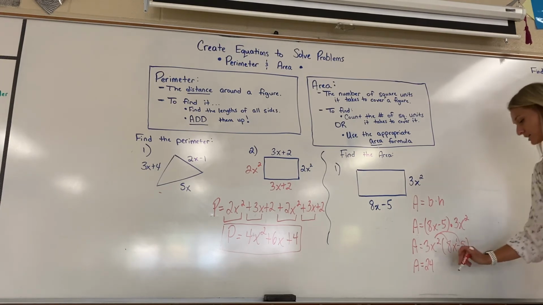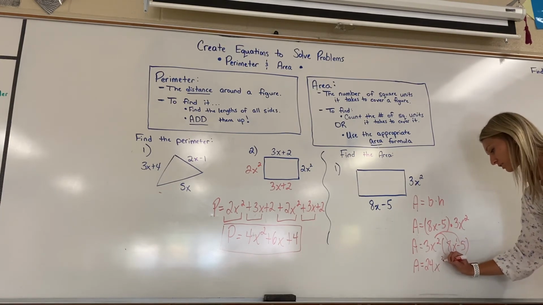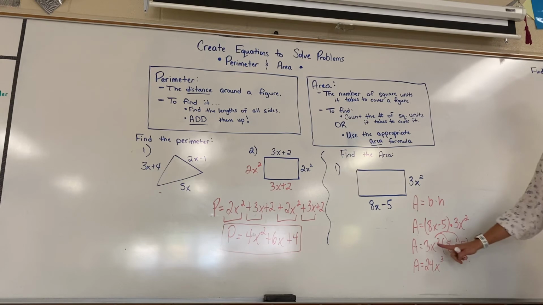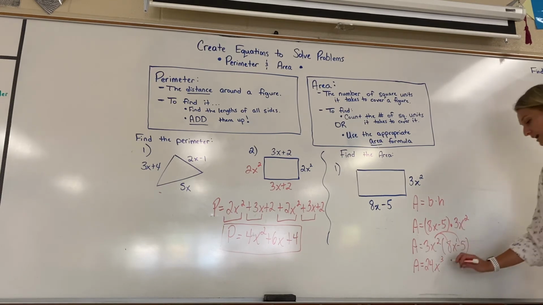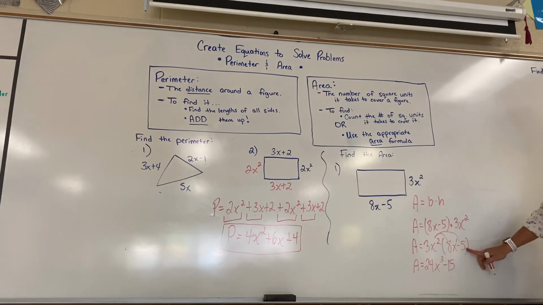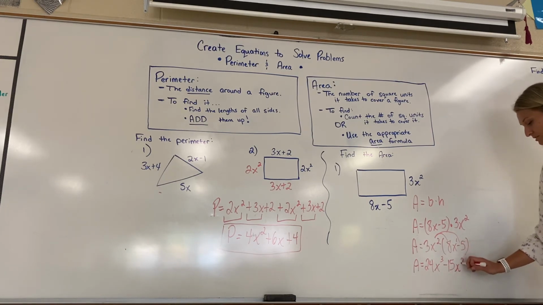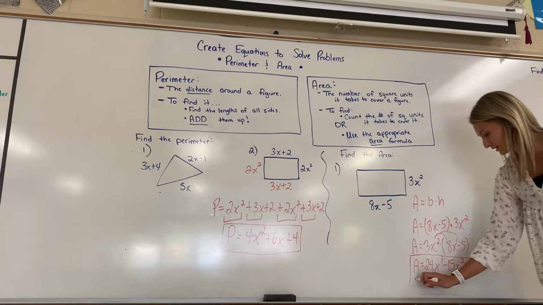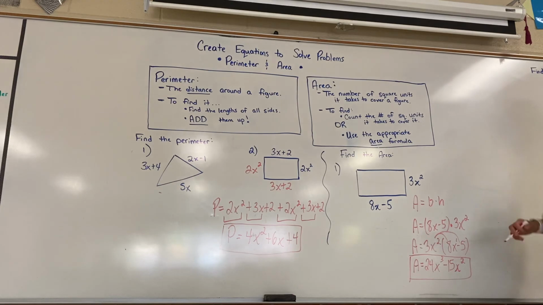So when I take those times each other, it would be x to the 3rd power. And then the last thing, I have to take my 3x squared times my negative 5. So 3 times negative 5 is negative 15. And then my x squared doesn't have anything to multiply with, so remember it just comes down. And then these won't combine because they're not like terms. And so that would be the area, okay? And then we'll talk more about the units that you would put with them later.